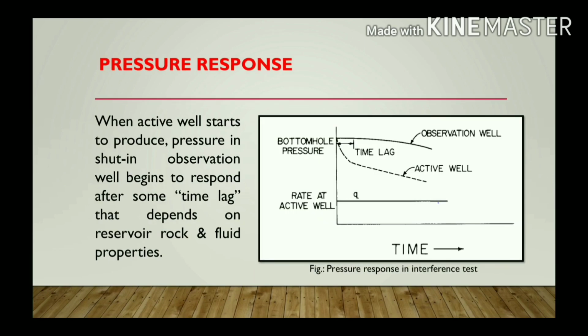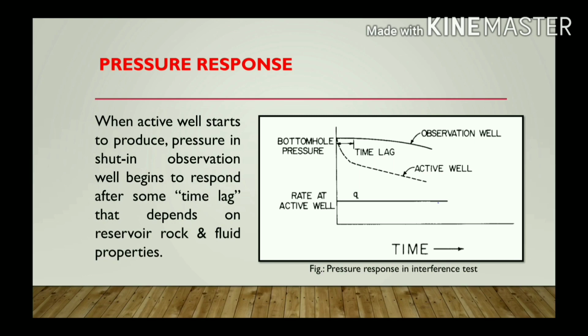Pressure response in an interference test. As you are able to see in the figure, it has rate versus time and pressure versus time. Suppose at t equal to 0, both wells, active well and observation well, are in a certain initial condition. We now try to produce or inject fluid in the active well. Here we produce fluid from the active well at t equal to 0, at a constant rate for some time.